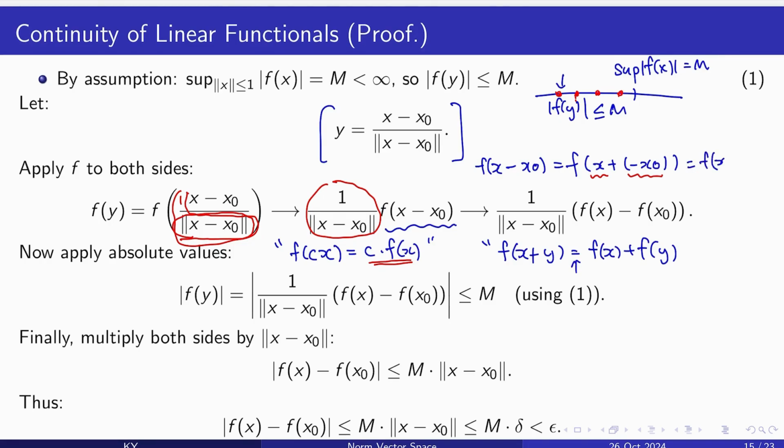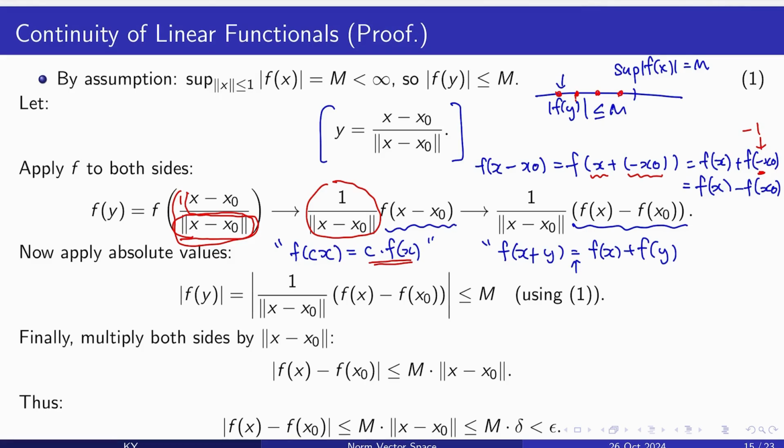Then our result will end up being f of x plus f of minus x naught. And you can apply your linear functional definition again, since the minus is just a minus one scalar, so you take the scalar out of the function, which gives you a minus f of x naught. So that's what you got here.